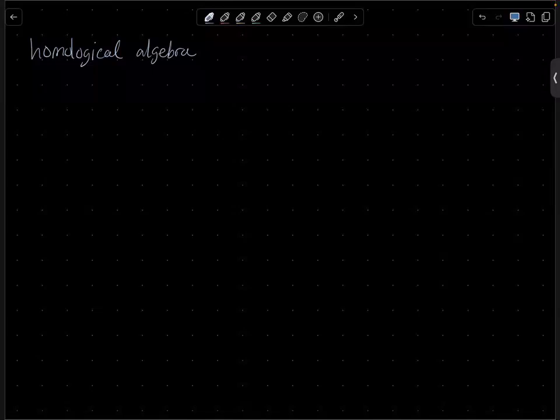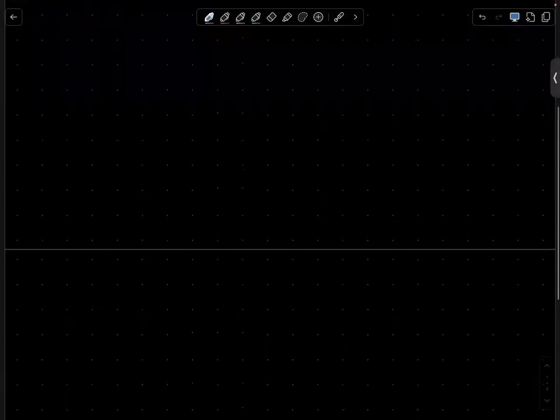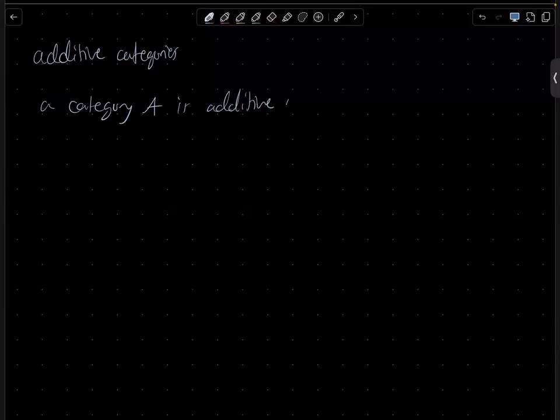So to start, today is mostly going to be language. I want to start by talking about additive categories. We say that a category A is additive if, so there are like three or four things that we want.